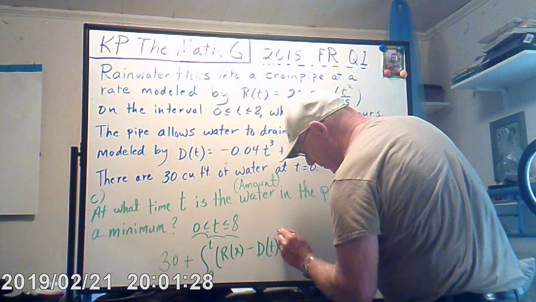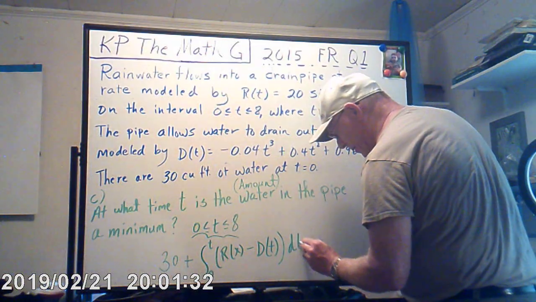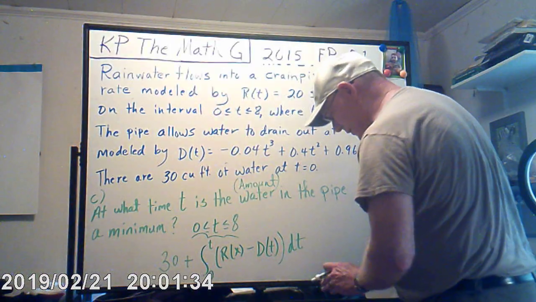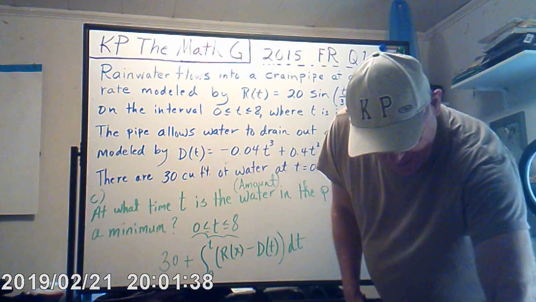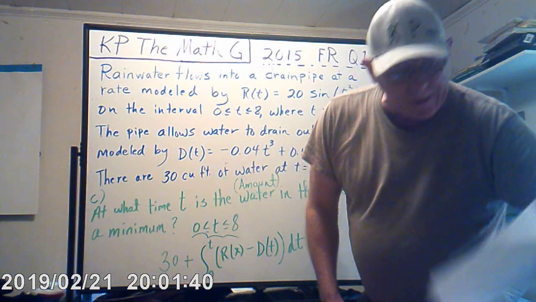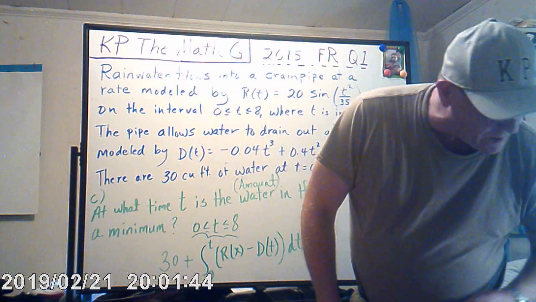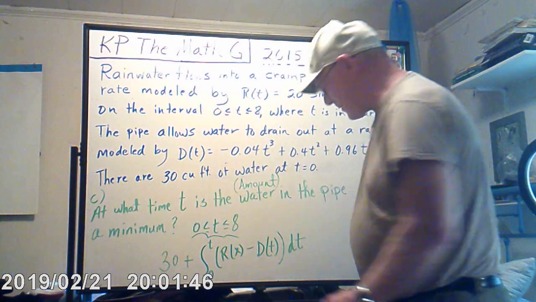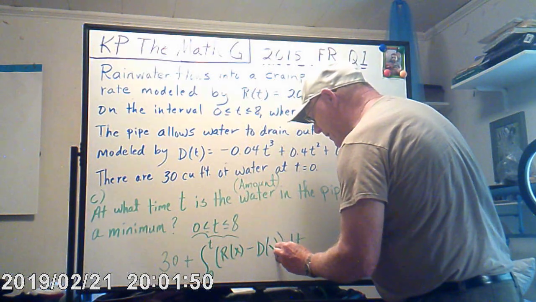Always remember that when you have water flowing out, I think this may be an X. Let me look at that just to make sure. It is dx. Yes, of course, if you start off with dx. And I don't know why I did T here.